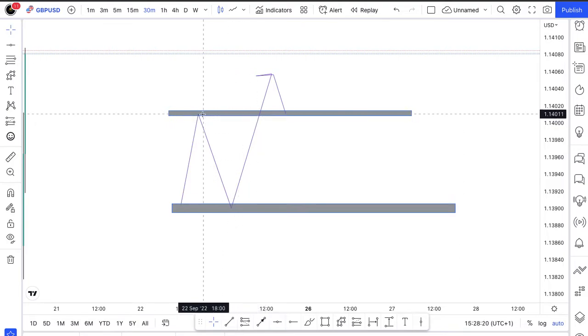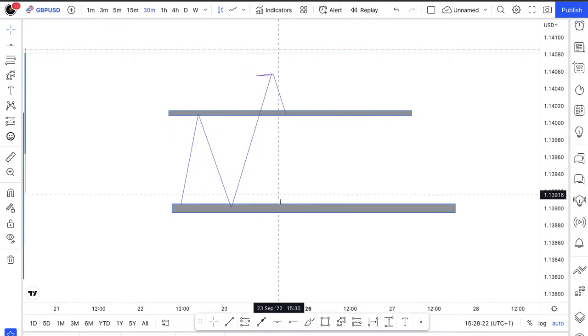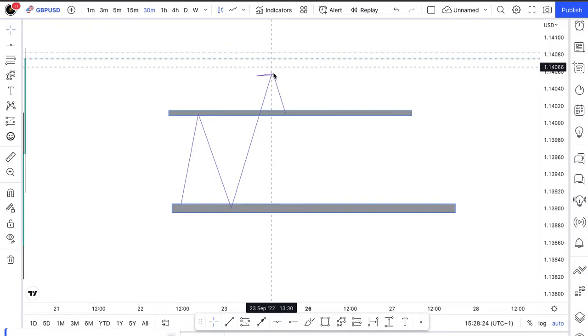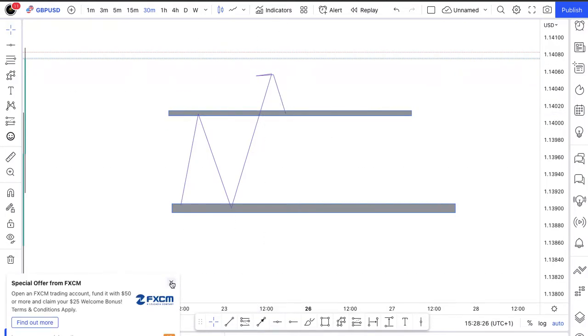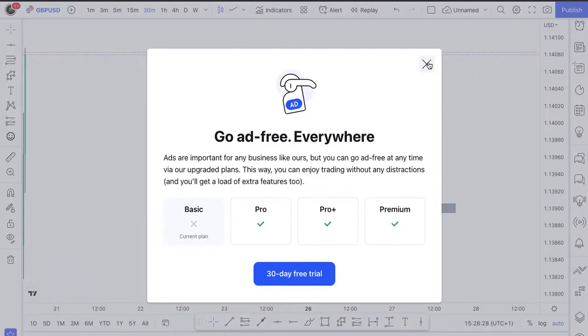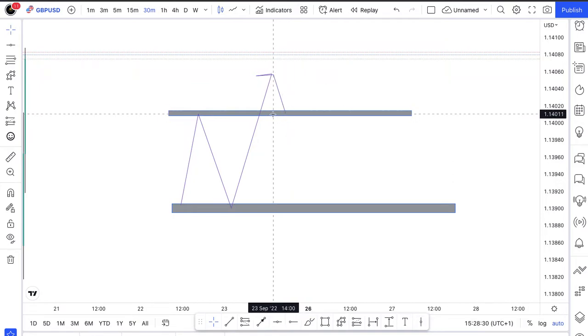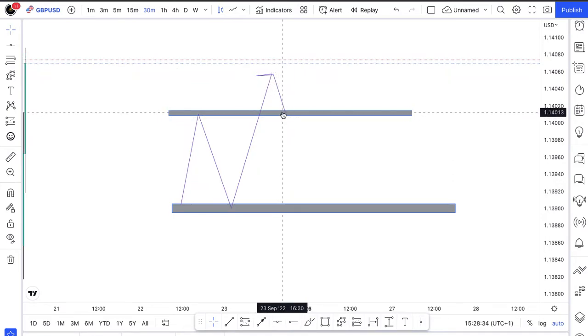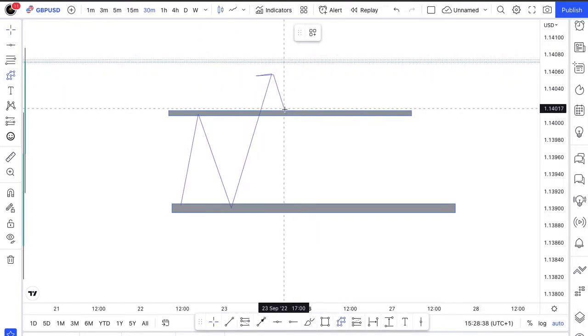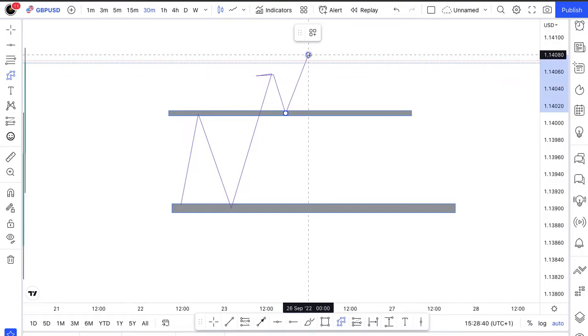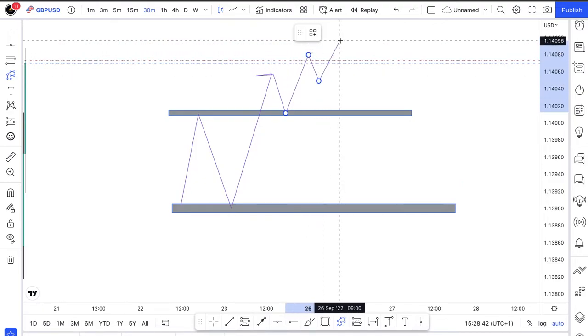This is a resistance. The market ought to get here and reverse back, but unfortunately the market broke above, making this point now a support point, because price has broken above it. So the next move that is likely to occur is something like this. The market will go up here, comes down, and keeps going.